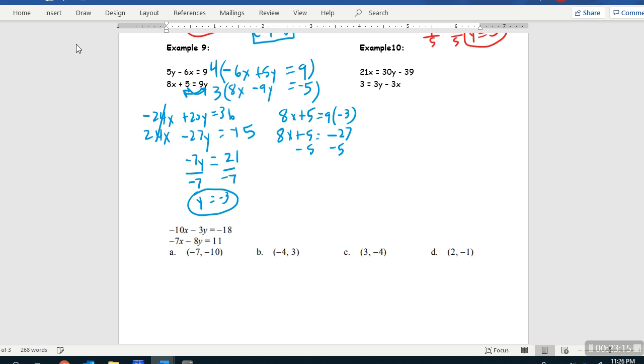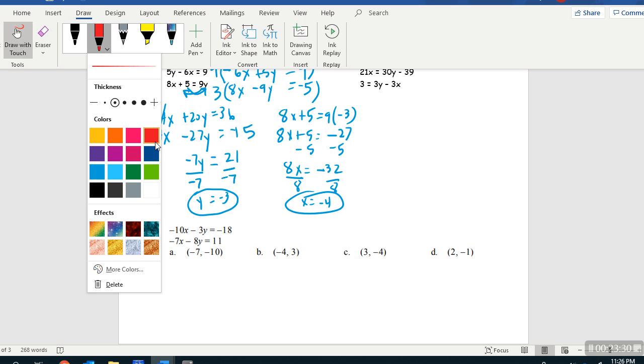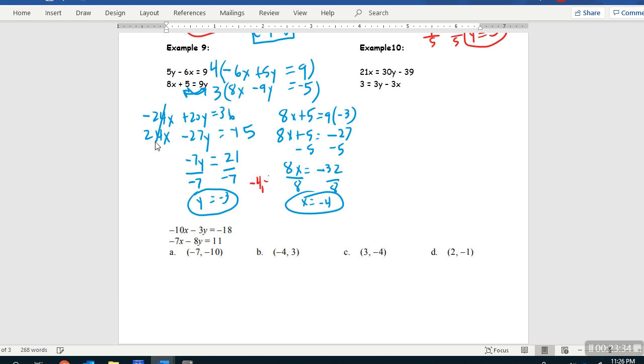Subtract 5, subtract 5. 8x equals -32. Divide both sides by 8. x equals -4. So the solution to this system is -4, -3. Squeeze that right in here. -4, -3.